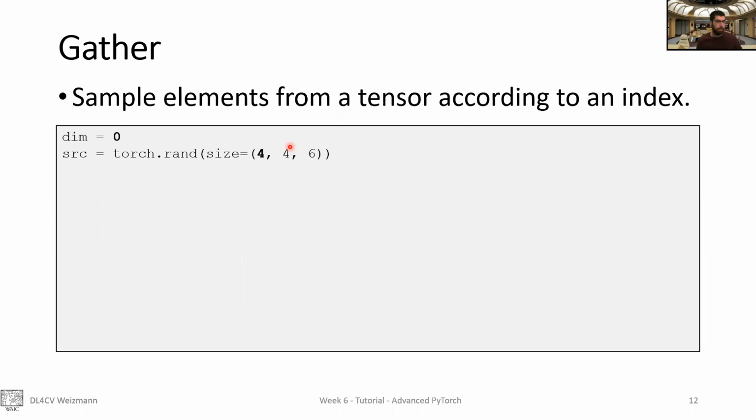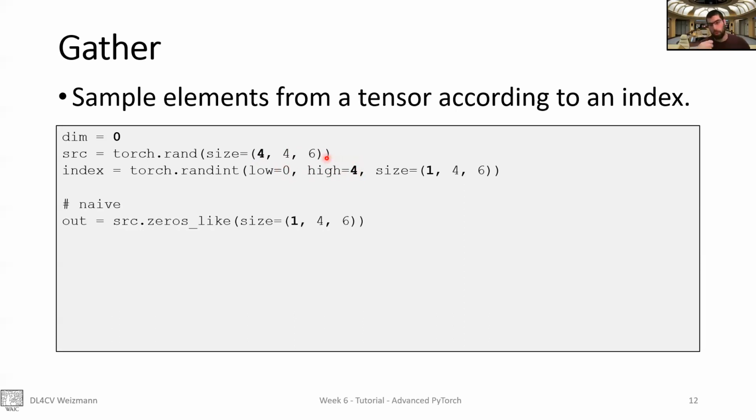Okay, so let's begin with our source tensor with 4 channels, height of 4 and width of 6, and an index which tells us we want to take 1 sample and has the same spatial size as source. And note that the index here should be between 0 and 4. Here 4 is exclusive.